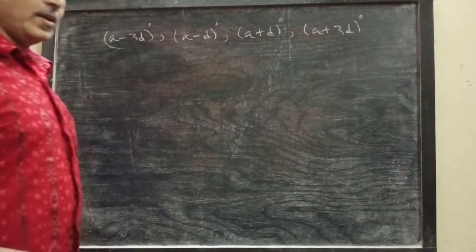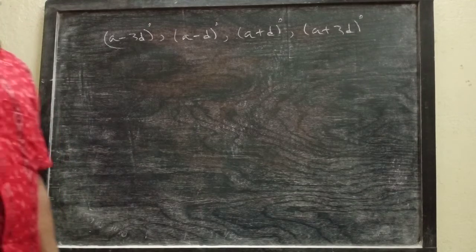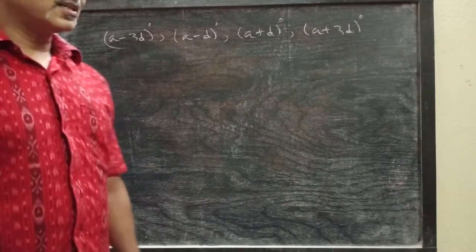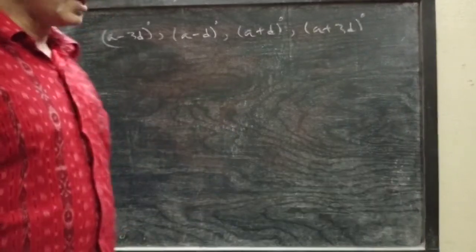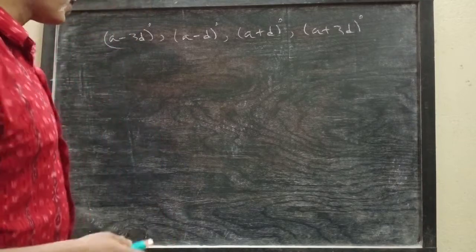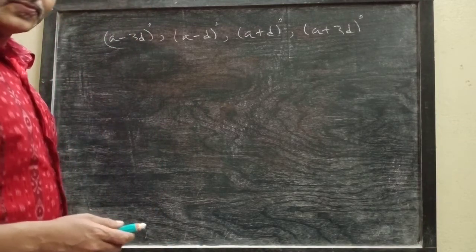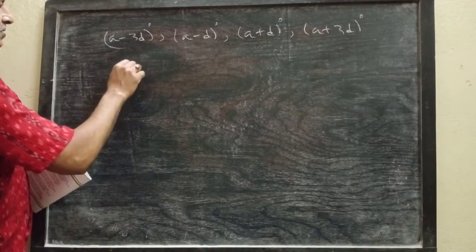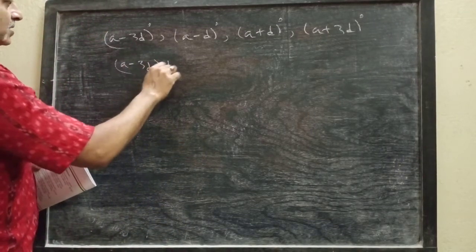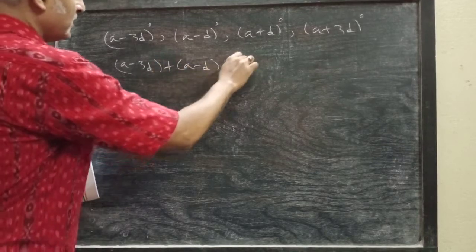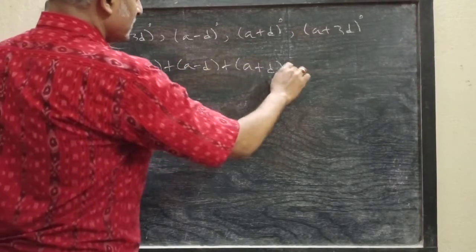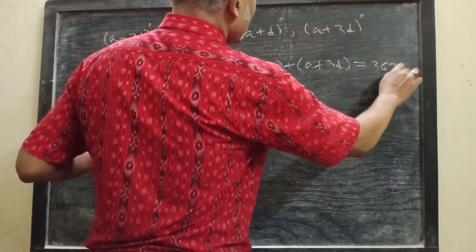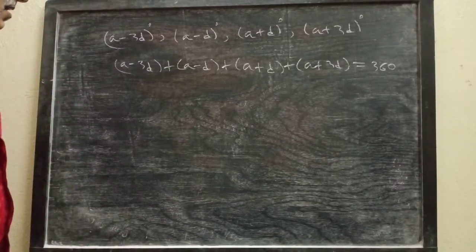We know when four numbers are in AP and their sum is known, then we have to consider them in this way. These numbers are in AP having common difference 2D. So we know the sum of the four angles of a quadrilateral is 360 degrees, so we can write the equation: A minus 3D plus A minus D plus A plus D plus A plus 3D equals 360.